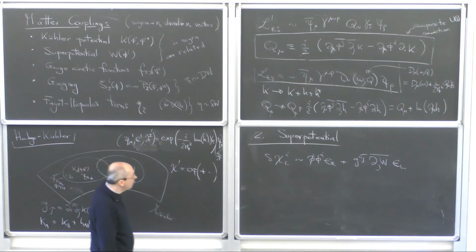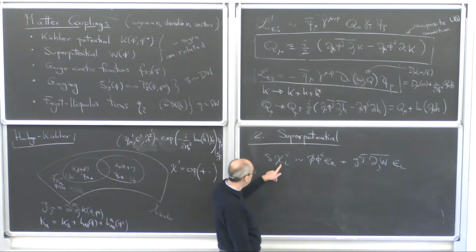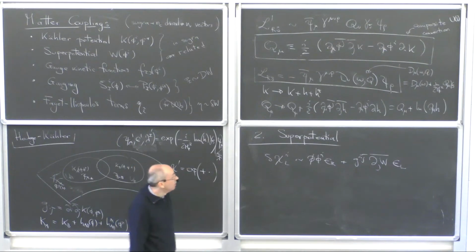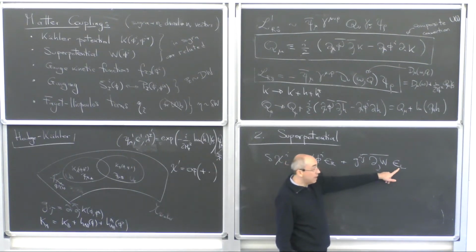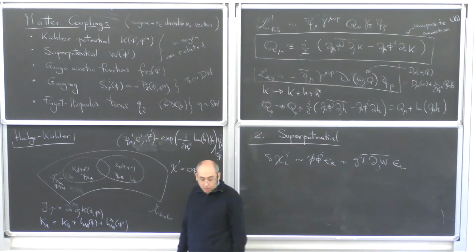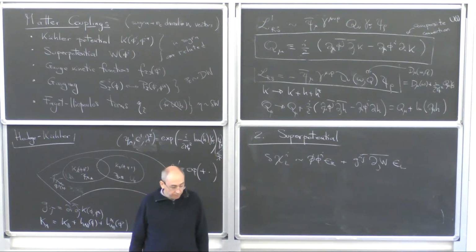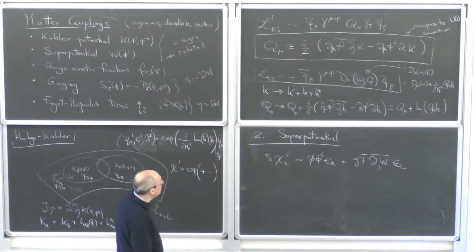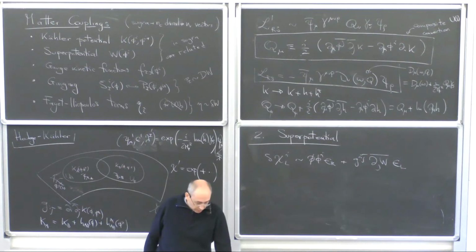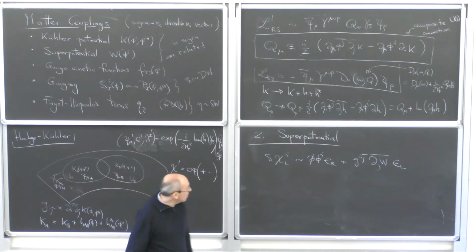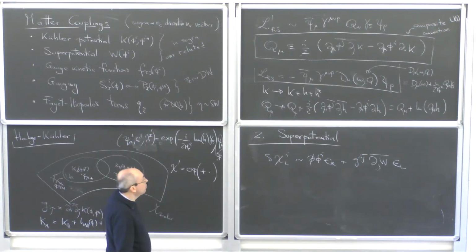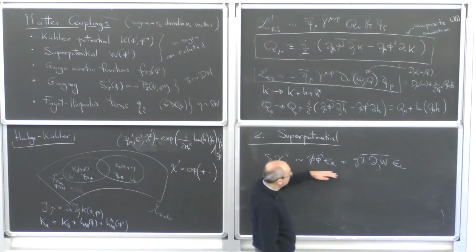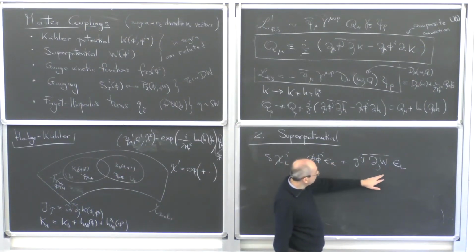Because if now epsilon right and chi left transform in the same way, this term has an epsilon left and therefore transforms in the opposite way. So this means that you need to compensate the mismatch by introducing a transformation of the superpotential.